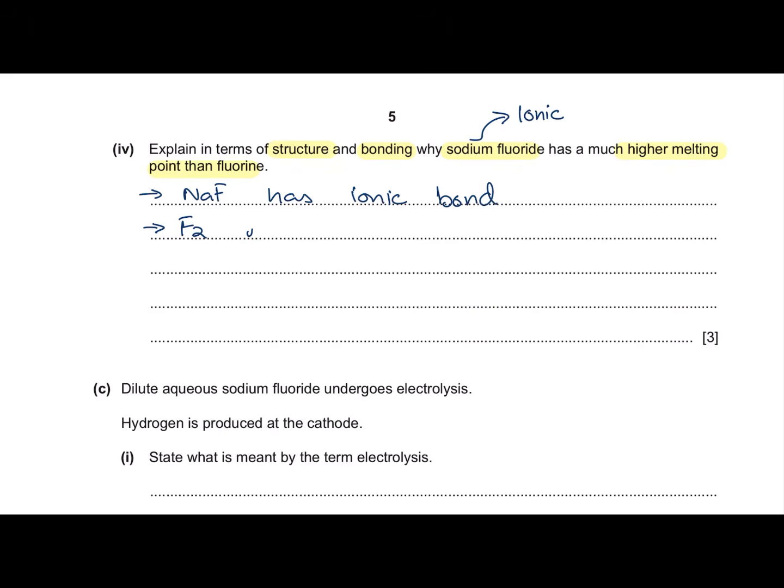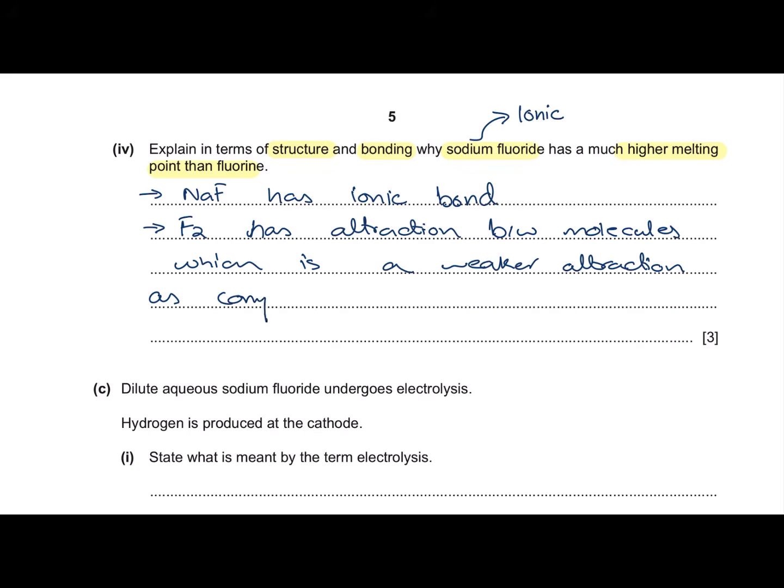So we can say fluorine has attraction between molecules, which is weaker as compared to attraction in NaF.